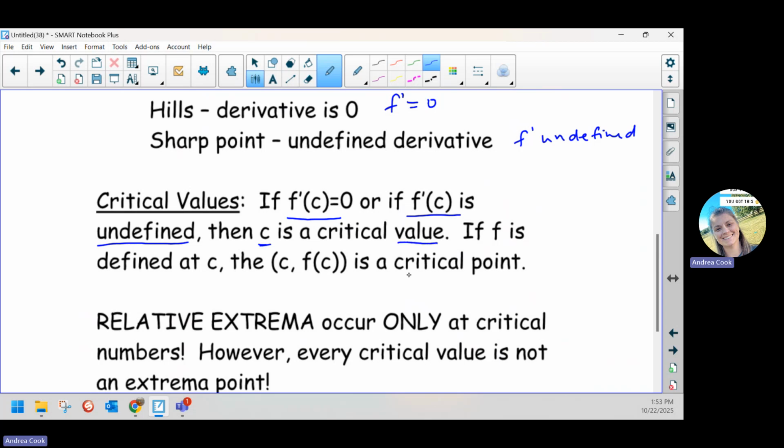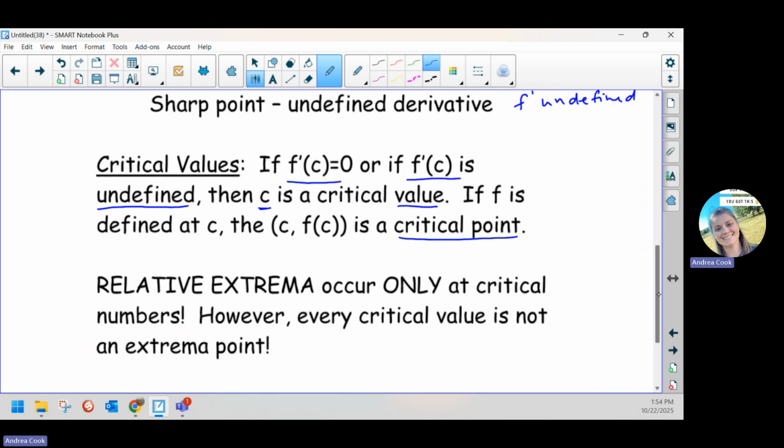That is different than a critical point, because a critical point means there's an actual point on the graph. So if f is defined at c, then you have a critical point. But if there's an asymptote or a hole, which makes the derivative undefined, then that would just be a critical value and not a critical point.